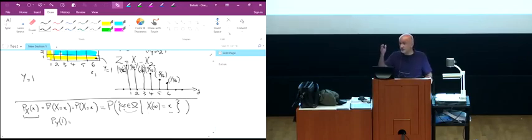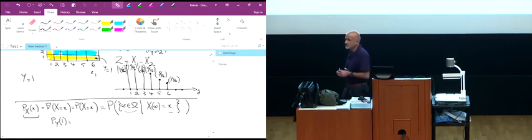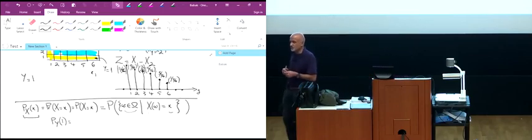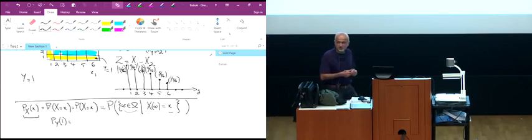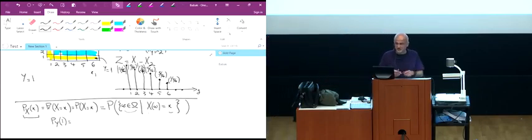In fact, when we get to the continuous random variable story, I can't say that the probability of the random variable being a particular value is the sum of the probabilities of each of the sample points, because each of those sample points has probability 0. So you're adding a bunch of zeros. So there must be a different way of thinking about those.